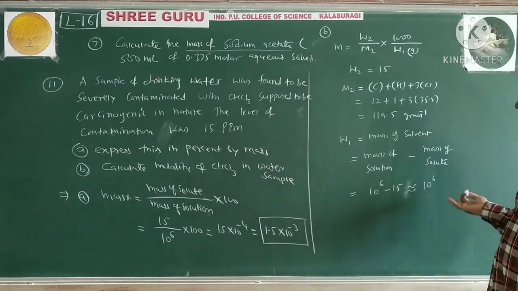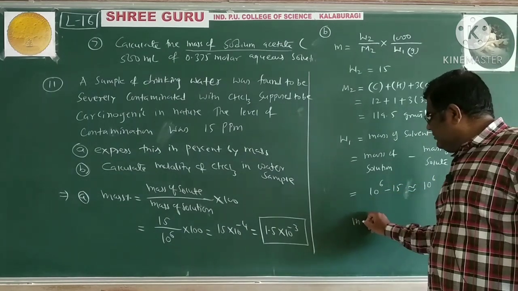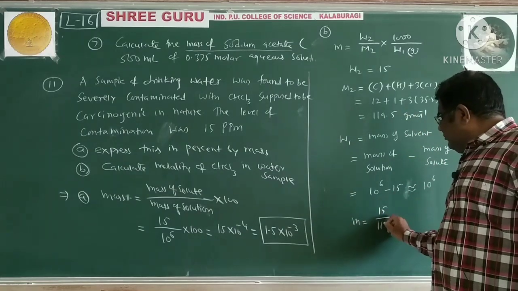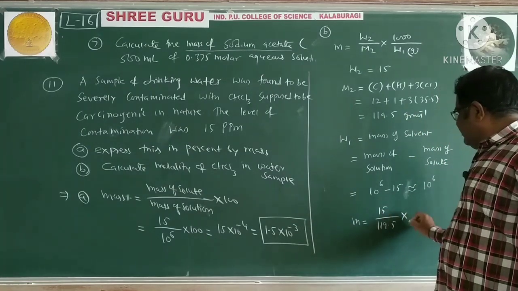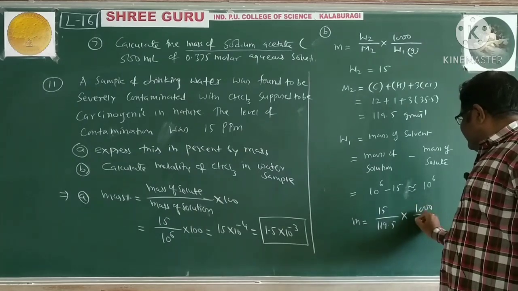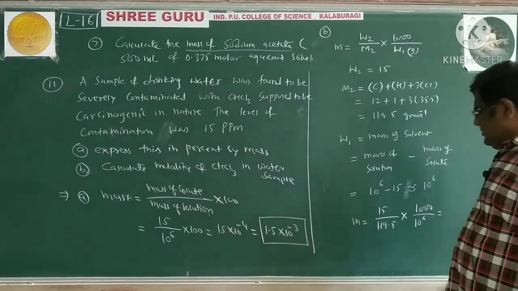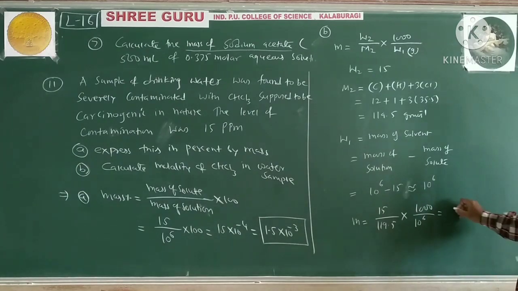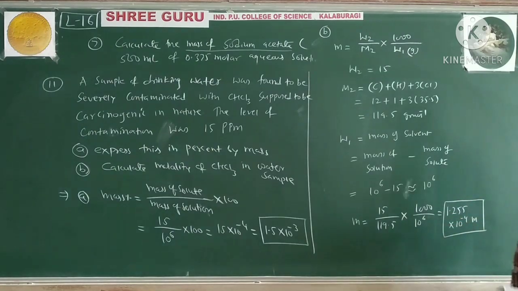Now substitute 15, 119.5, 1000, and 10 raised to 6. If we do that, 1.255 into 10 raised to minus 4 molar is our answer.